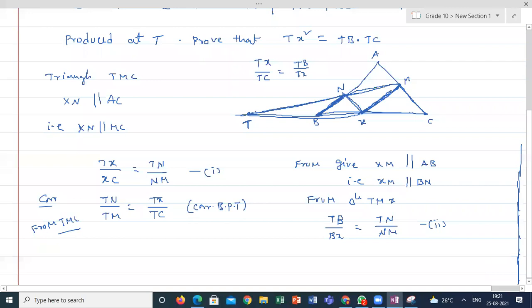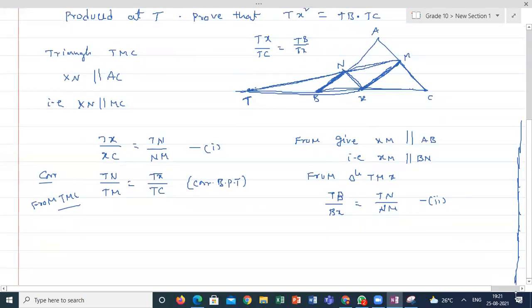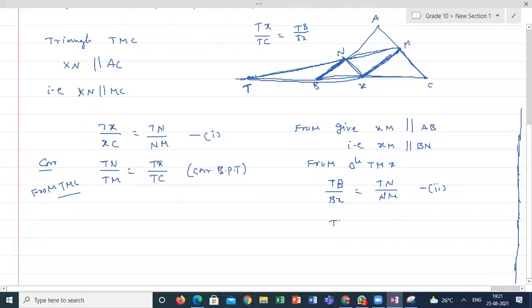Same corollary, if I'm applying here, what will I get? Tn by Tm will be equal to Tb by Tx. This is my fourth equation. This is my third equation.